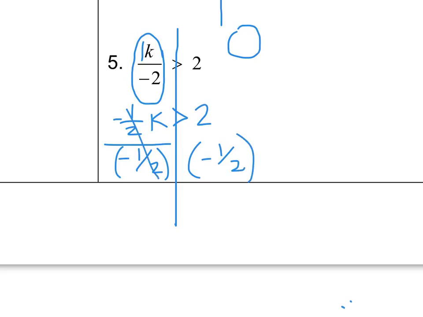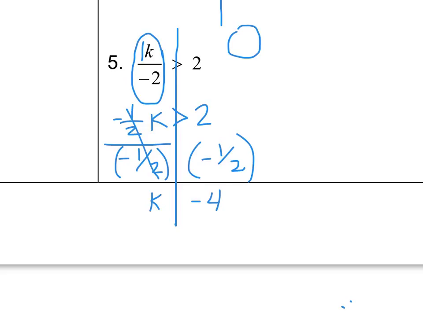Okay, so those cancel out. I've got k on this side, and I've got negative 4 on this side. Okay, I'm not going to bring down my inequality sign because I'm dealing with a negative. That's part of my negative checker. Okay, so I've got k on one side, negative 4 on the other.